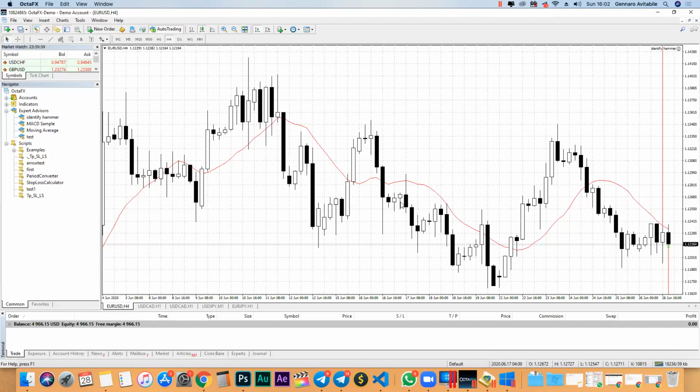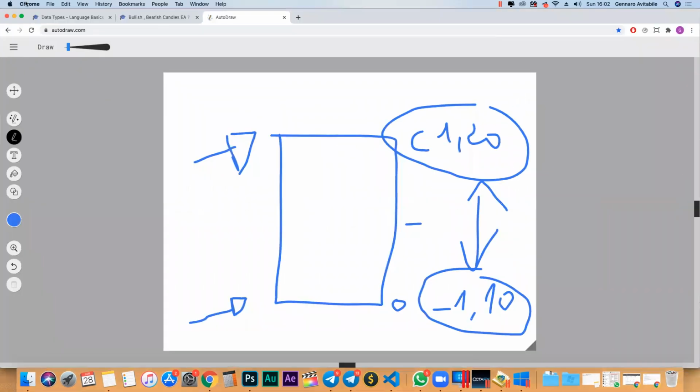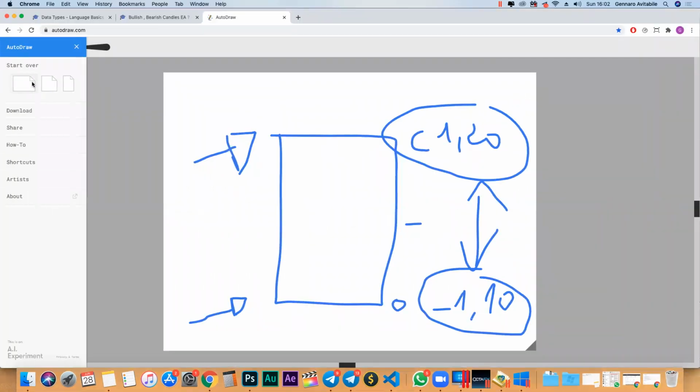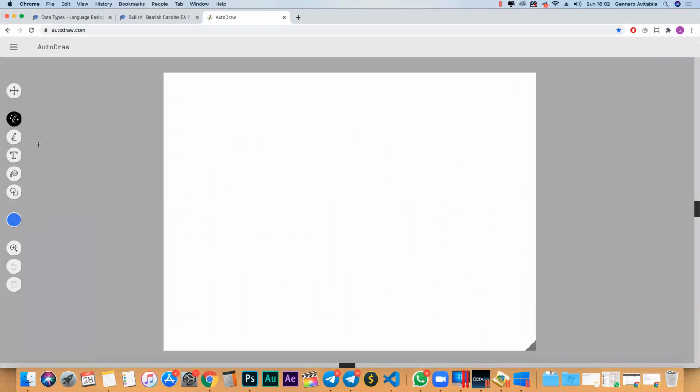I think we should just draw something real quick. So we're looking for hammers. And here's the problem, because a hammer could be a bearish or bullish candle. It doesn't really matter, but at least we can know if it's a bearish or bullish hammer.